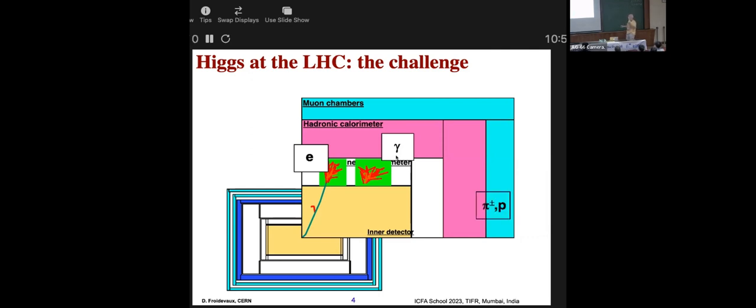Then the bulk of the particles are charged pions, charged kaons, protons, whatever, and they give a track in the tracking detector. If they're energetic enough, they give a big shower also in the calorimeters, both hadronic and electromagnetic. And this shower in space is much bigger than the shower from the electromagnetic particles. We have the neutral kaons, the neutrons.